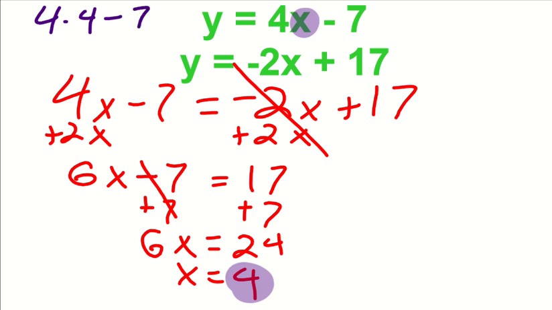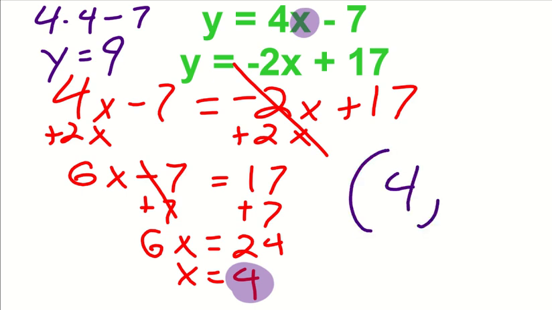So 4 times 4 is 16. 16 minus 7 is 9, so my y value is 9. So I got an x value, I got a y value. We have 4, 9 as our ordered pair.